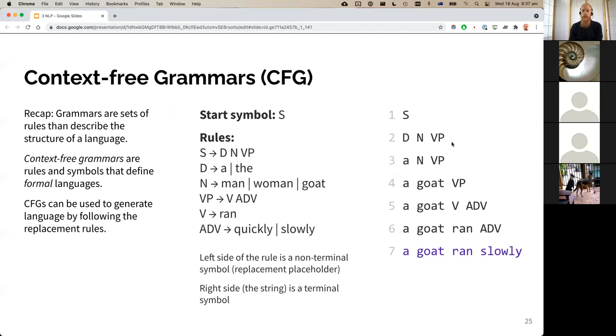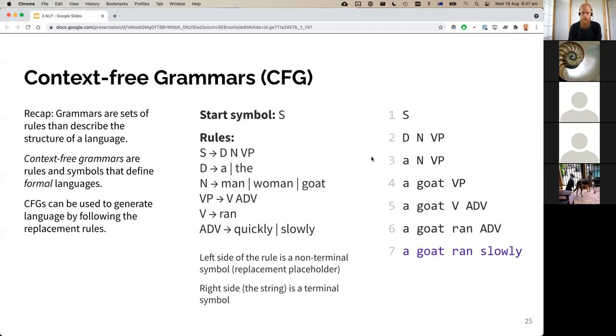Then we look at our new sequence, and we see if the leftmost symbol can be replaced by another rule. And yes, we have a rule for D, and so we can swap out the D for one of our options. Options are designated by this vertical line, the pipe character.